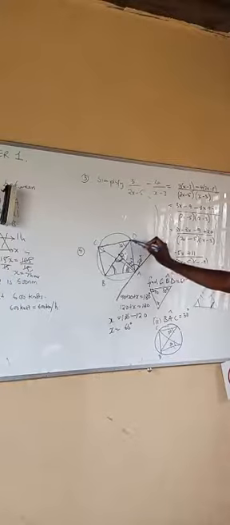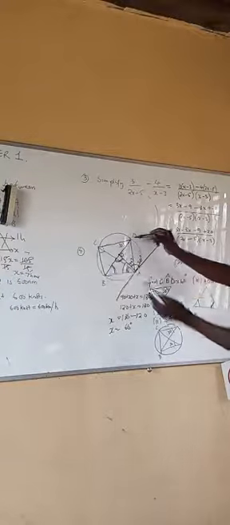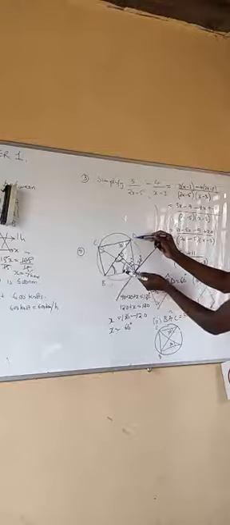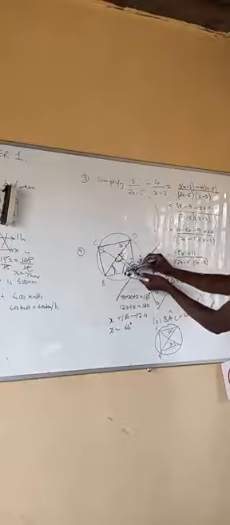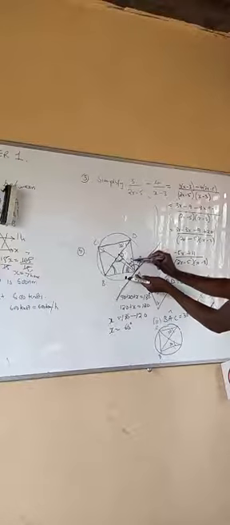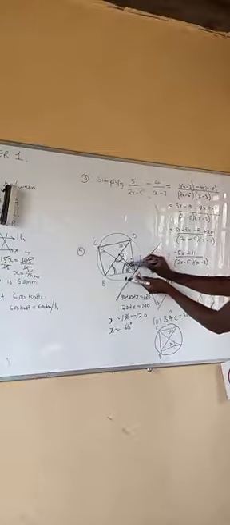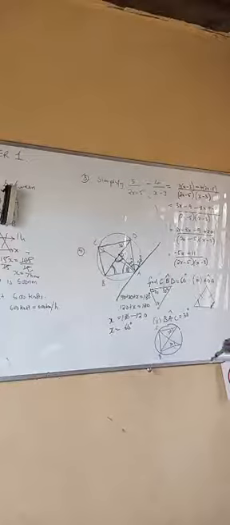Because the line from here comes here, the line from here comes here, and they form 90 degrees. So if here it's 40, this angle is actually 50 degrees.